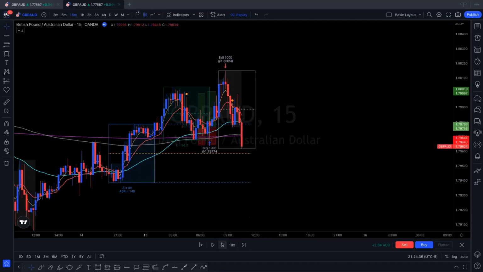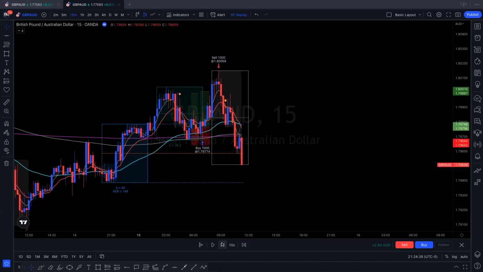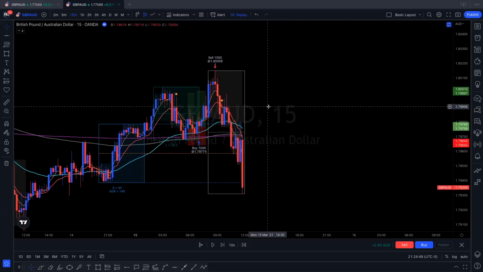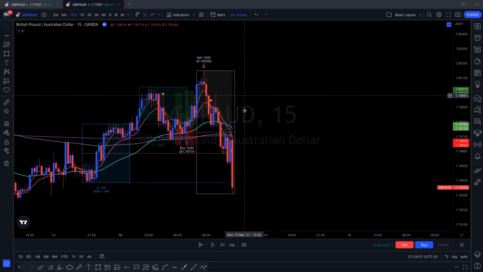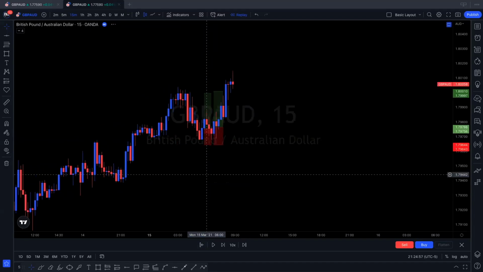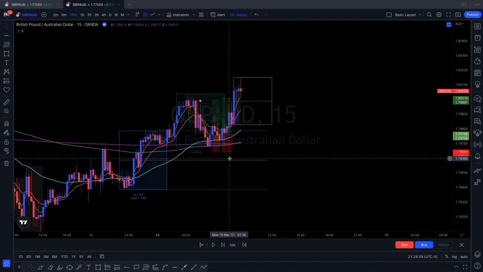So that's not a continuation trade. It would have been a multi-session. You see that? So depending on what time you come in, for me, if I come in this early and this is what I see, my mind automatically thinks multi-session.